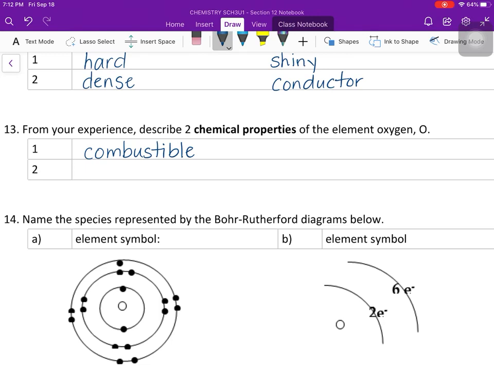And then another way that oxygen reacts chemically is that it will combine with different compounds to decompose. So when things rot, it is because of a reaction with oxygen. So we'll just write decomposition, which is also a type of reaction where things break down.